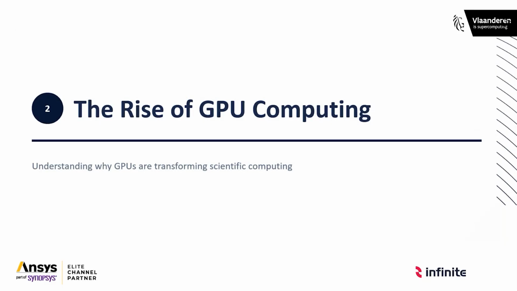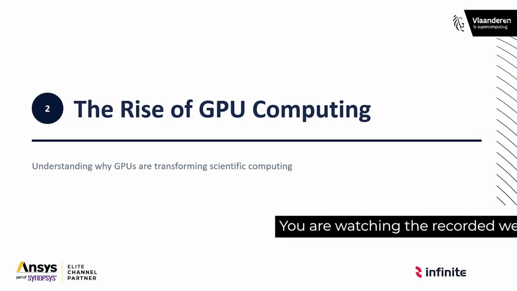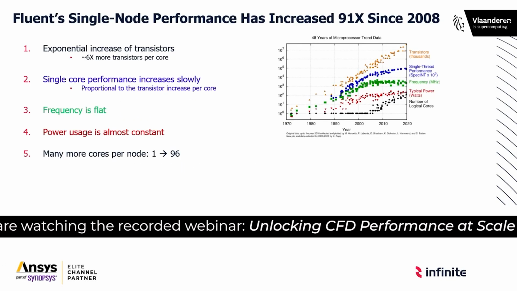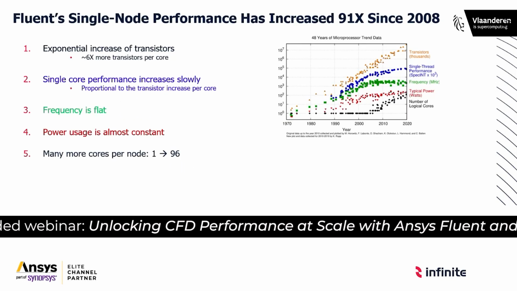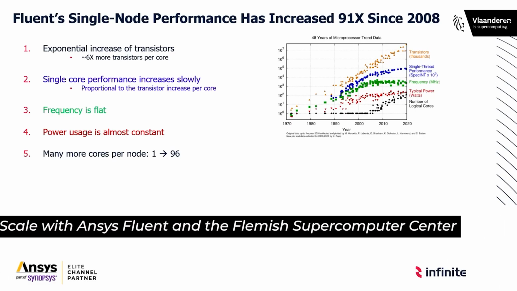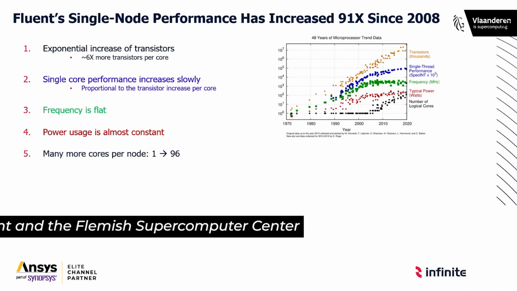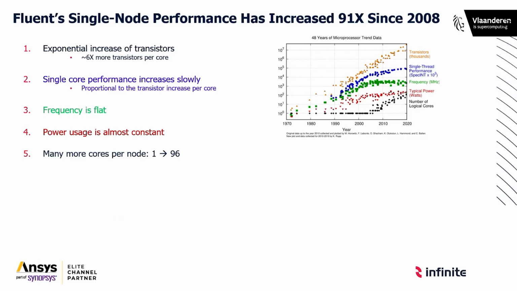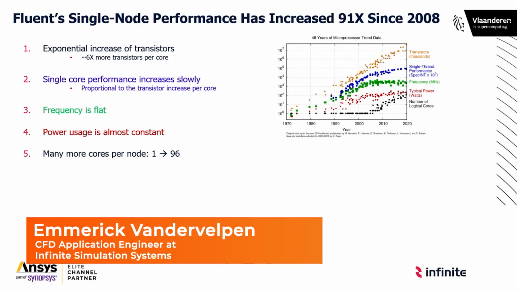But then the topic of today, GPU computing and how it's also affecting CFD calculations. But first, we have a short look at the CPU performances year by year. I've shown here the well-known graph of Karl Rupp about the evolution of microprocessors, the trends in the past 50 years.